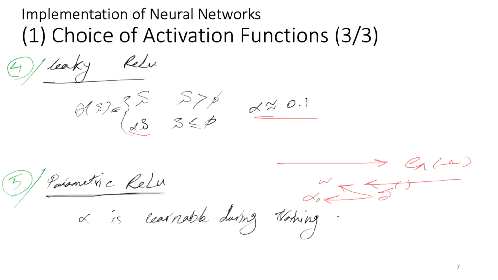Because with this ecosystem, you can train whatever parameter you want. You just expand your training and optimization phase, right? So on the parametric ReLU, not only do we learn W, but we learn the alpha as well in the process.